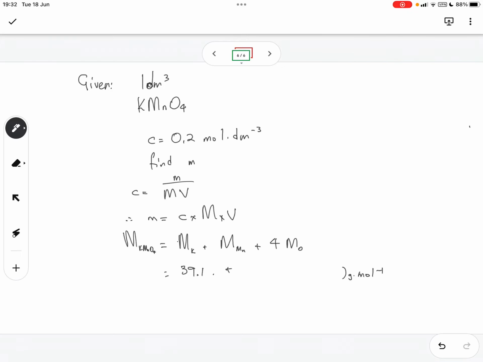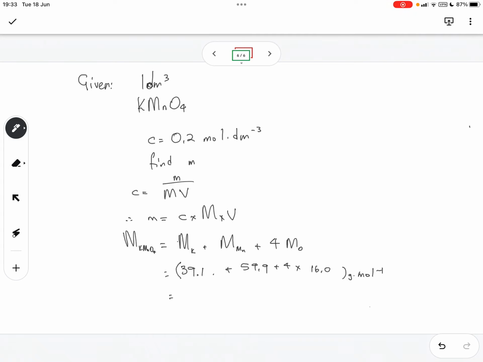Manganese, Mn, is element number 25, row 4, group 7, 7B. Its molar mass is 54.9, and oxygen is going to be 4 times 16.0.